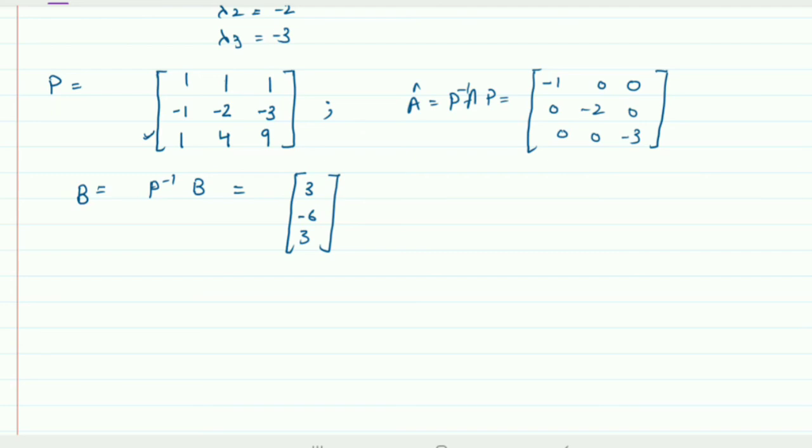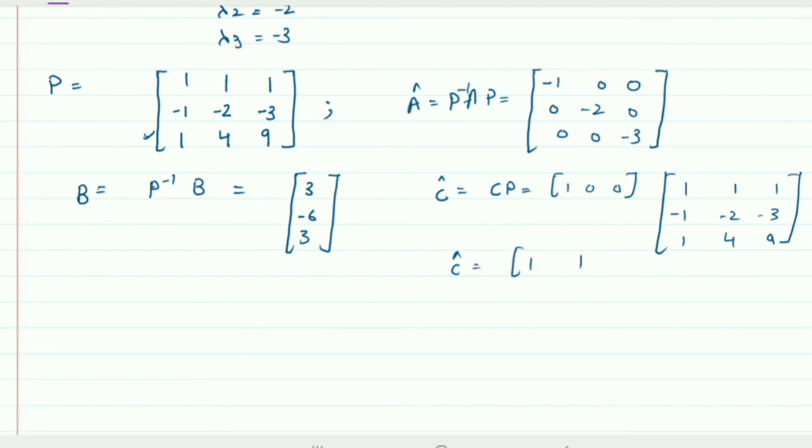I will leave this exercise for you. Please do the needful. Similarly, the C hat matrix equals C into P. We have 1 0 0, and the P matrix, which we know equals 1 1 1, -1 -2 -3, 1 4 9, and we have C hat equals 1 1 1.